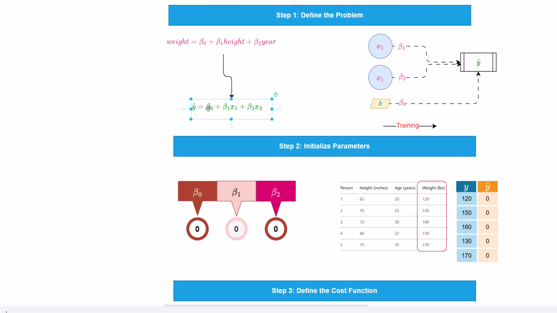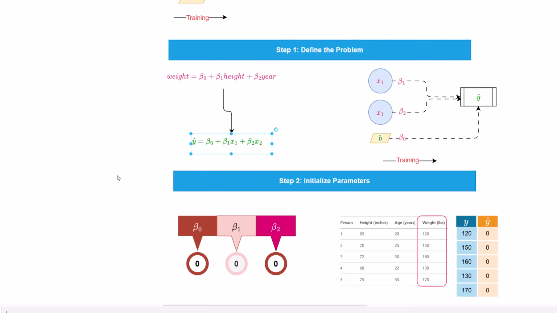Now, if I see here, 0 plus 0 multiplied by x1, with x1 being 65, plus 0 multiplied by 20, the result will be 0, right? And you can see y, the weight, is 100, but the predicted value is 0. Now, this is wrong, right?